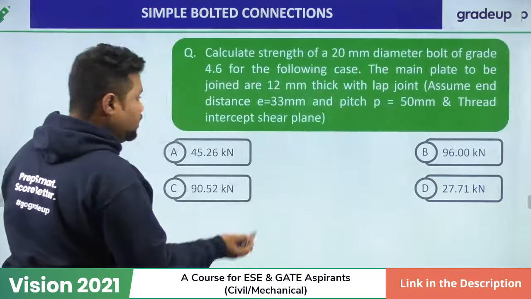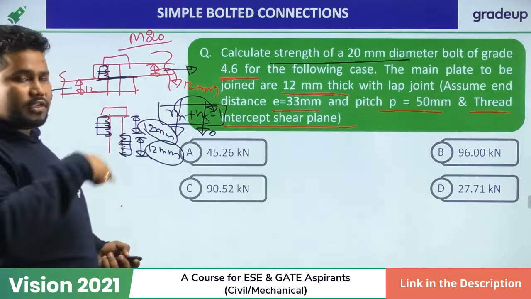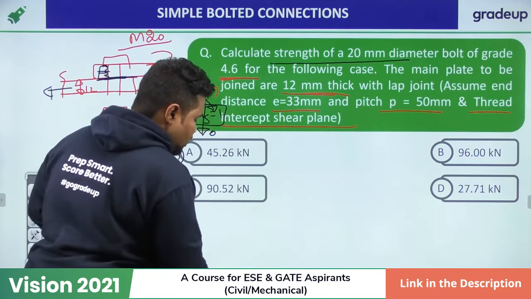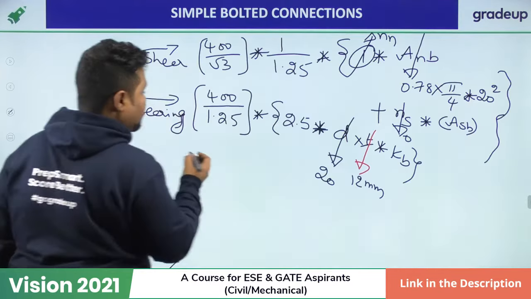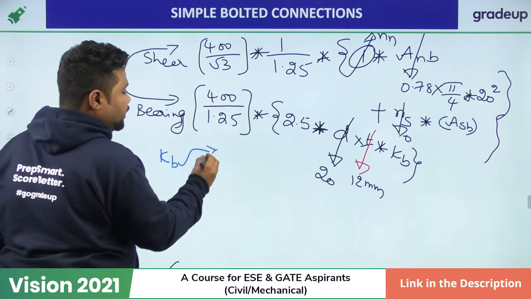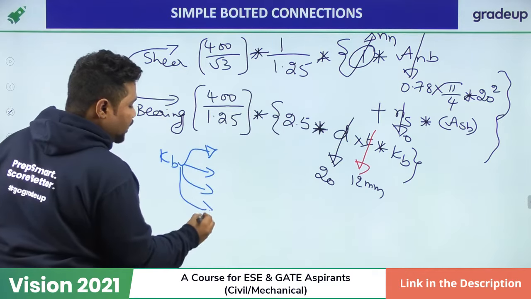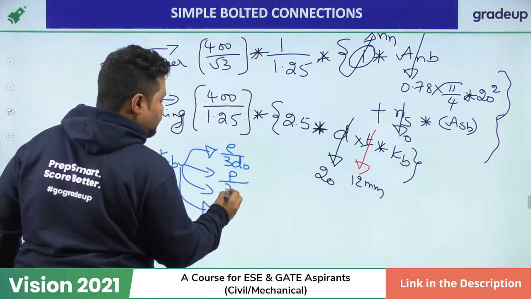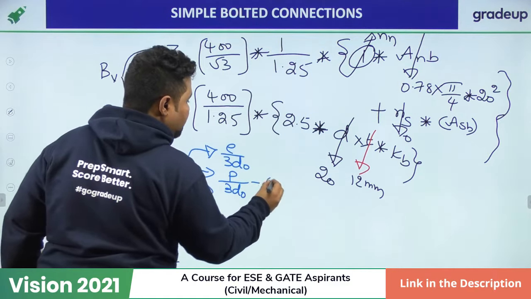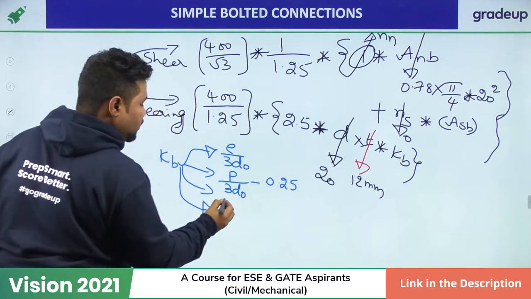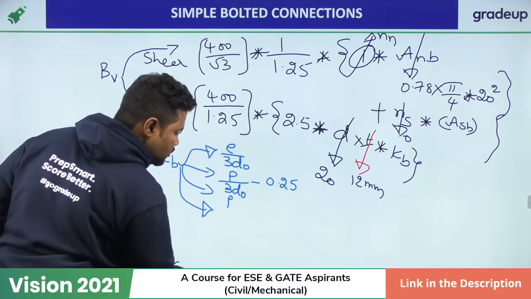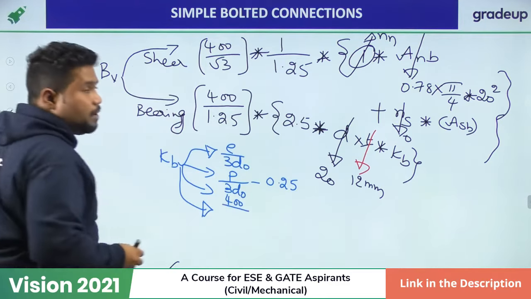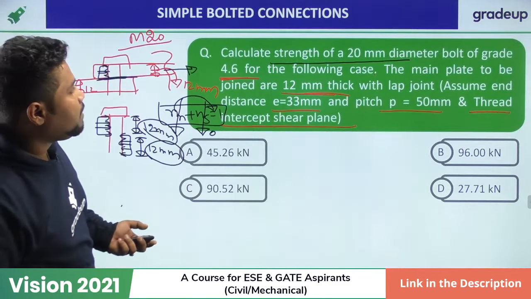And coming to KB, the KB value is not given here, but in your previous question the KB value was given. To work out KB, if you see the code of practice IS 800:2007, it depends on 4 parameters: e by 3d naught, p by 3d naught minus 0.25, ultimate strength of the bolt by ultimate strength of the plate, and 1.